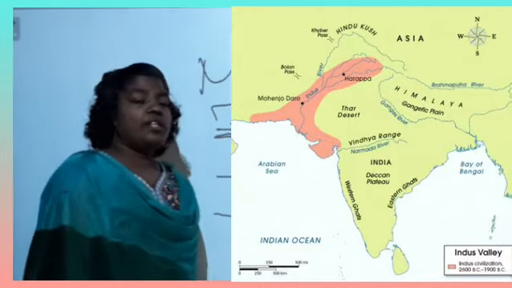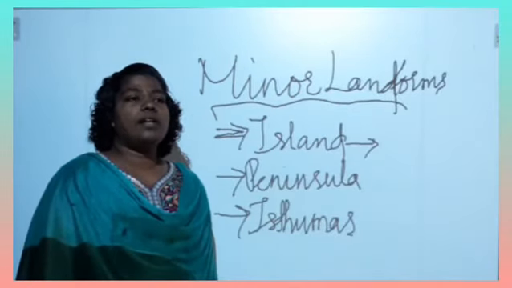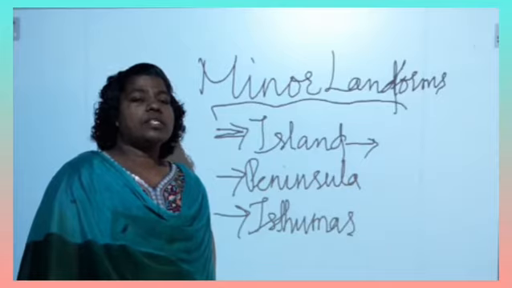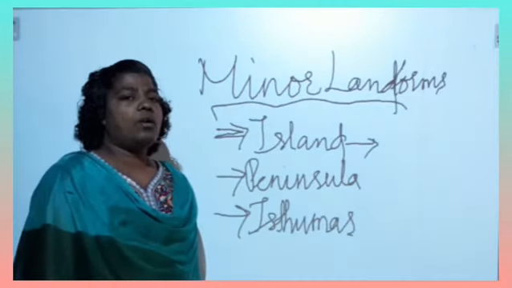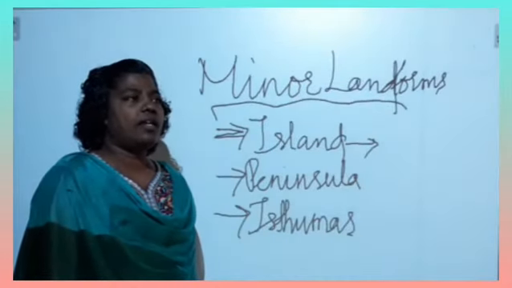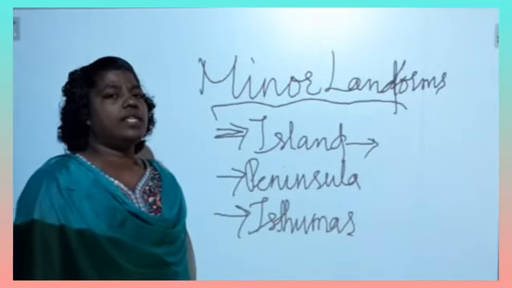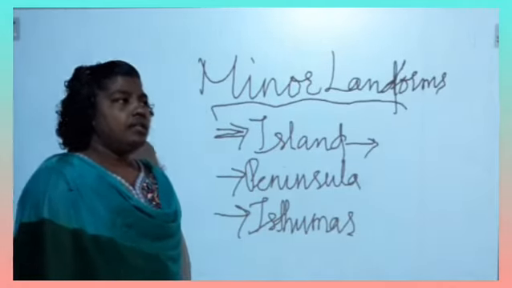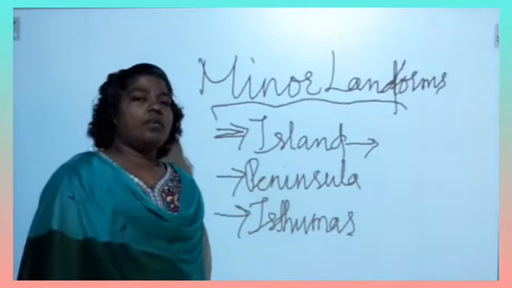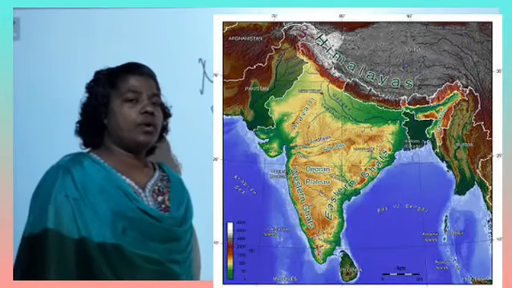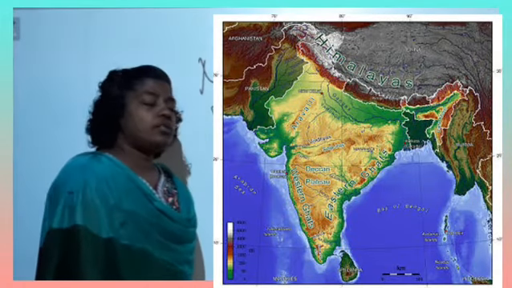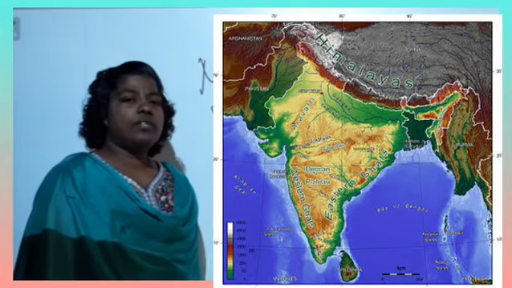And when we say peninsula, a peninsula is land which is covered by water on three sides, and on the other side it joins with the landmass. So the landmass which is covered on three sides with water is called what? Peninsula. India is an example of a peninsula.